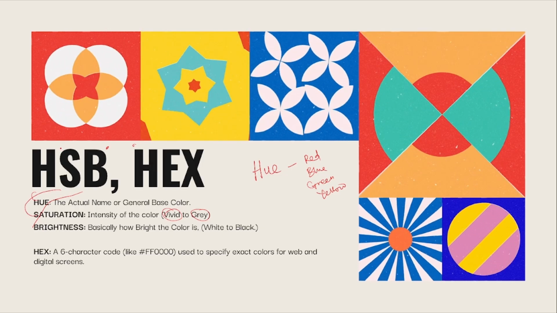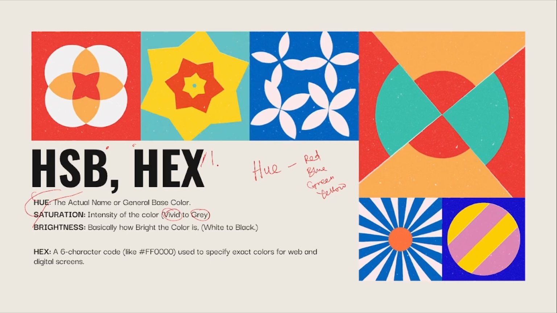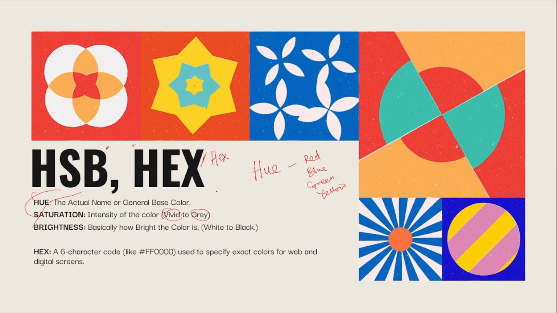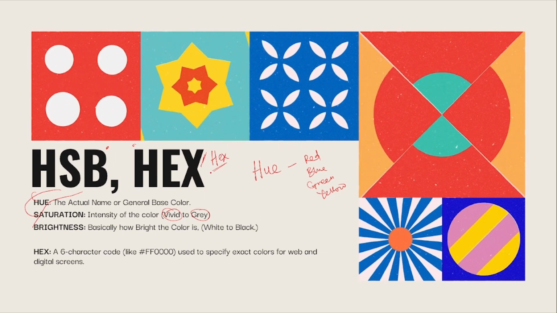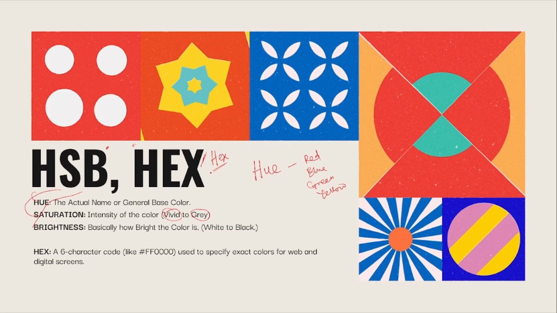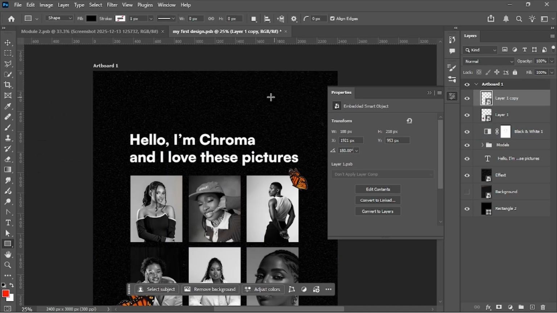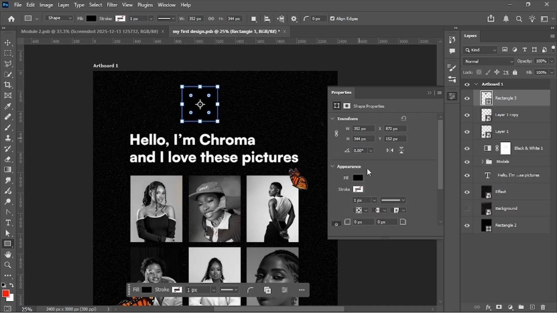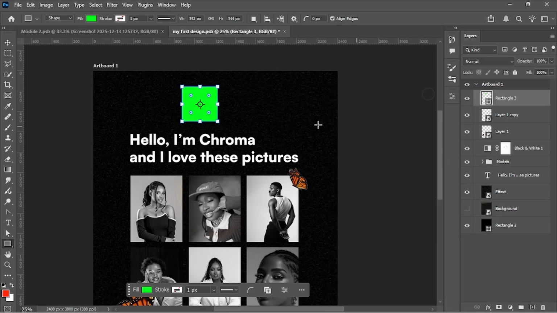HSB is more of something humans can easily understand, and HEX, not X as in Twitter. For HEX, if you do a little bit of research, you might be able to figure out what HEX code is or how it works. But then HEX is basically for the computer, right? It's just the way a computer stores values for a certain color.